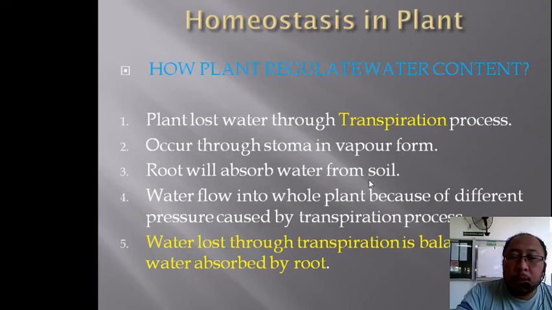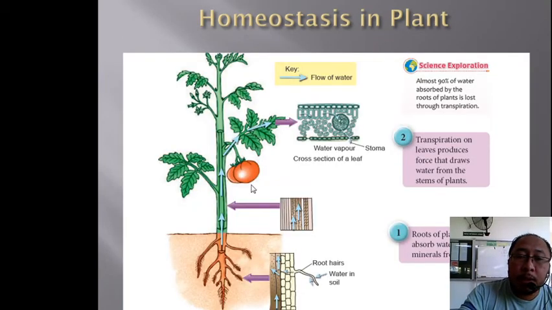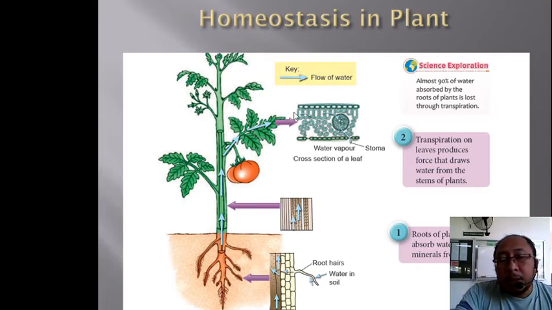Roots will absorb water from the soil. Water flows into the whole plant because of the pressure difference caused by the transpiration process. Water loss through transpiration is balanced by water absorbed by the roots. So this is the diagram to show the process of homeostasis in plants. We can see that water is evaporated through transpiration through the stoma under the bottom part of the leaf.